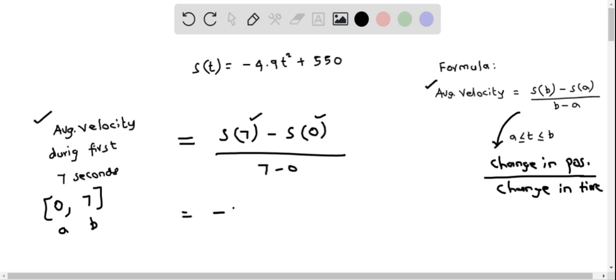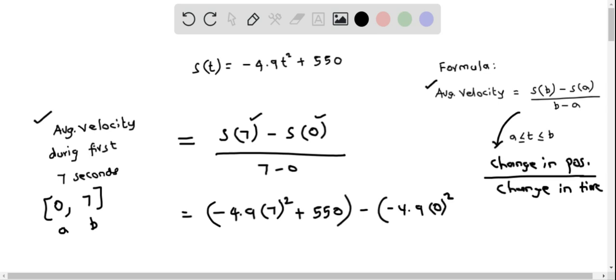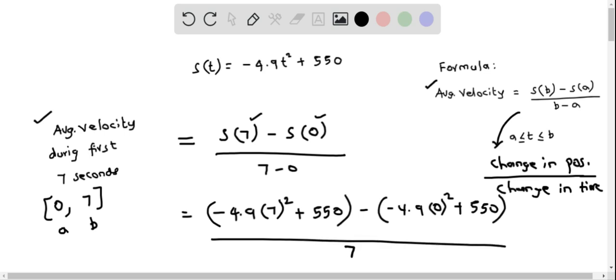So this becomes negative 4.9, t is replaced as 7, so it becomes 7 squared plus 550, close bracket, minus S of 0, which is negative 4.9, t is 0, so this becomes 0 squared plus 550, over 7 minus 0, which is 7.